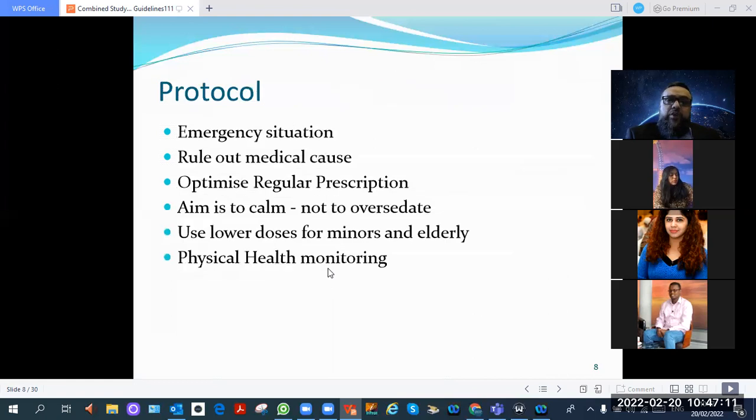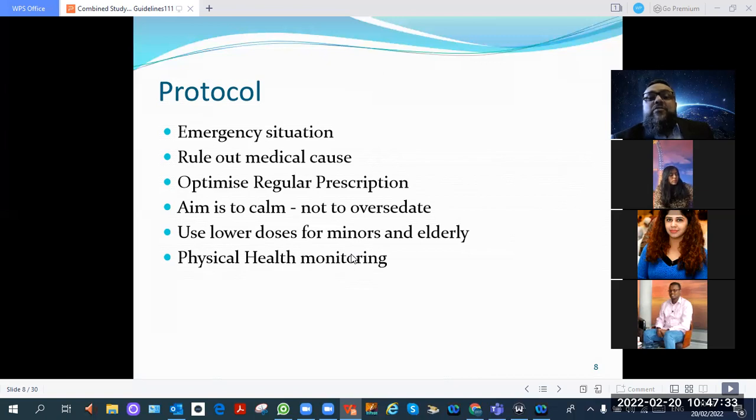Protocol for an emergency situation: rule out a medical cause, and optimize the regular prescription. Sometimes medication can cause these things, or sometimes they are already on antipsychotic medication at a full dose. Then we cannot add another rapid tranquilization PRN.